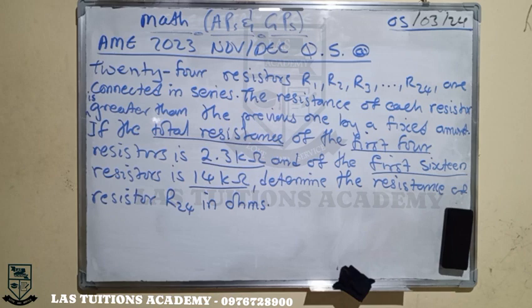Okay. You can withdraw your hand. Now, remember when I was teaching, I was explaining what really determines whether it's an AP or a GP. You have to remember that one. There are factors that will help us to know whether what we are dealing with is an AP or a GP.